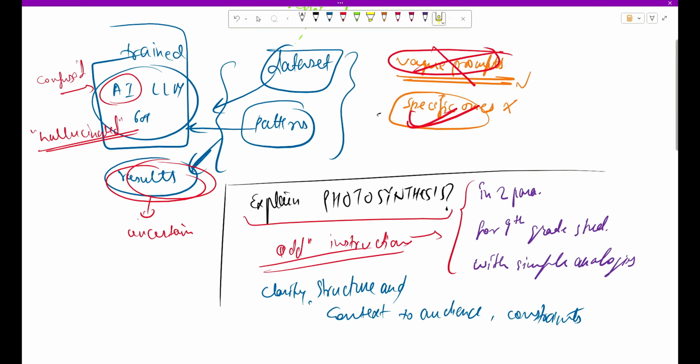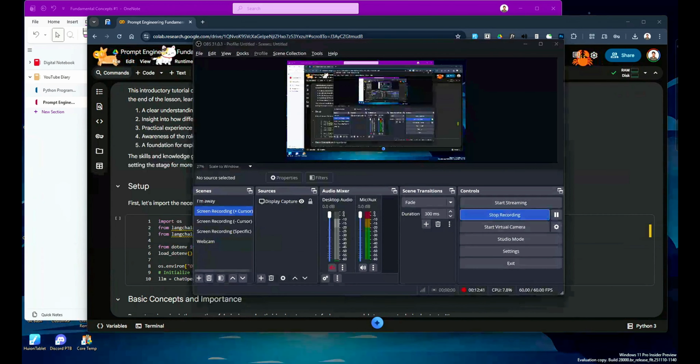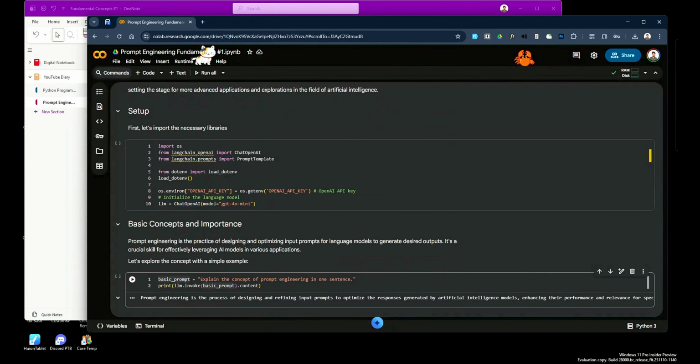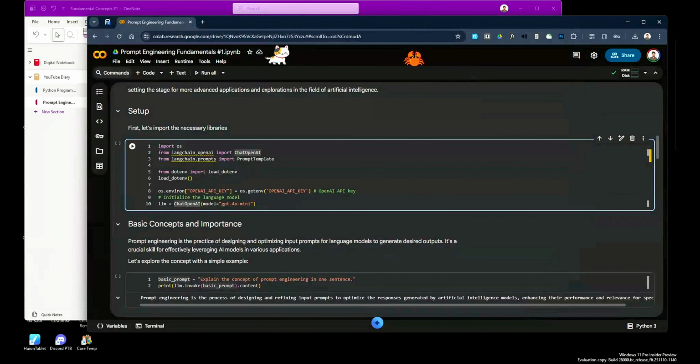So let's have a quick hands-on in a small Jupyter notebook that I have here with you guys. Today we'll be using ChatGPT's GPT-4 mini model. I have already generated all the answers before, to avoid waiting for the computation.